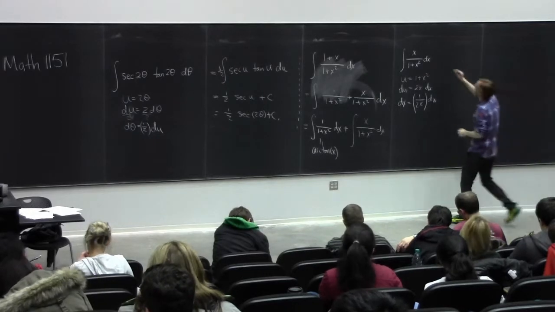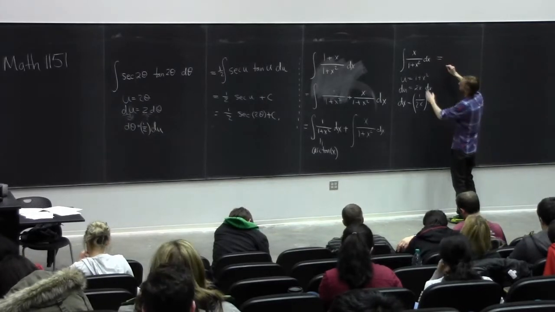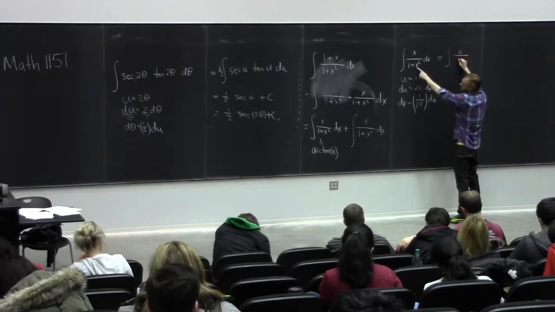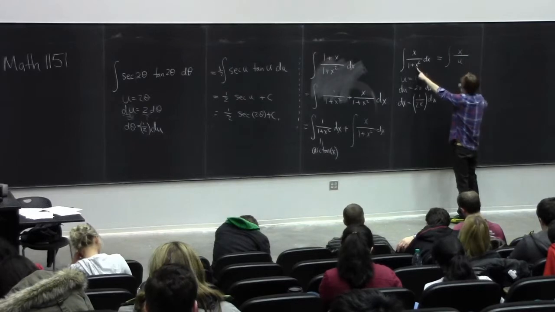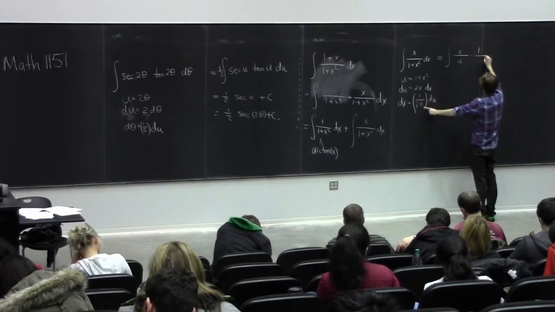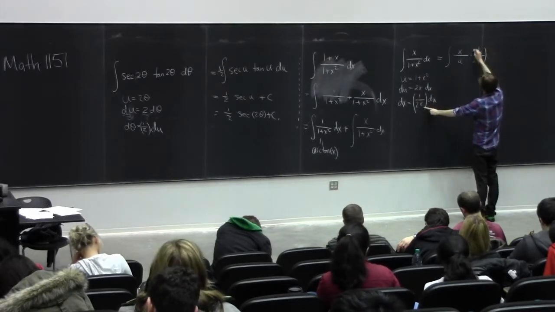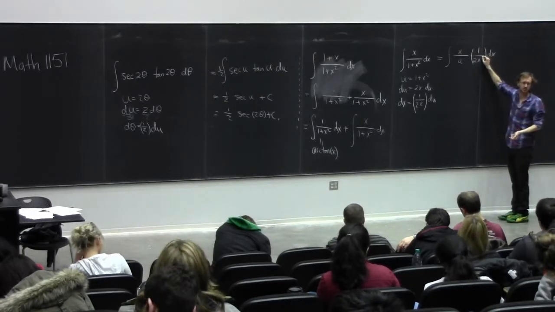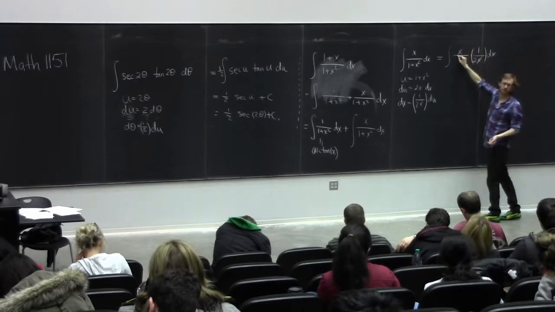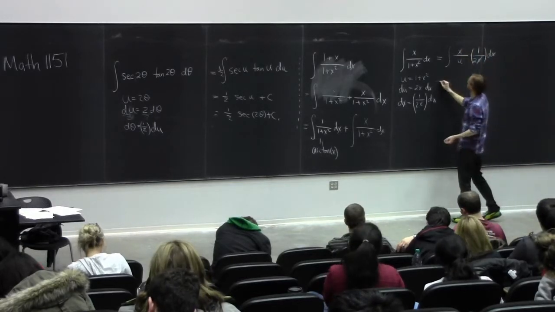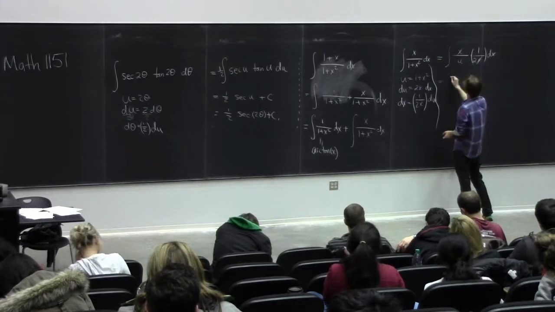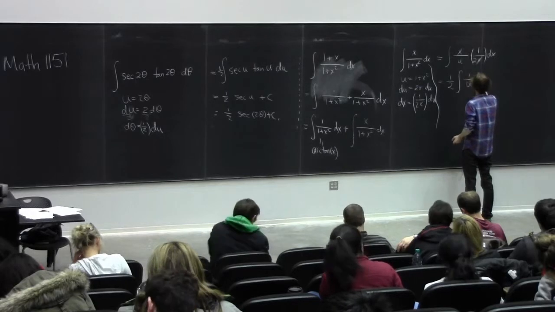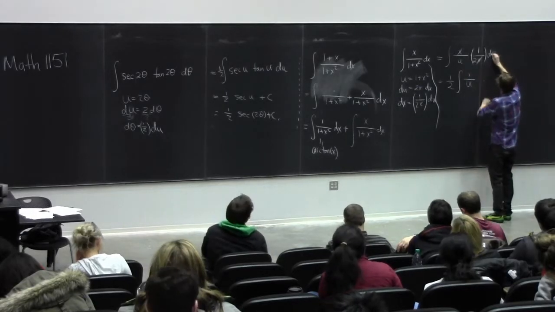So now, substituting in, well, we have the integral of x over u times 1 over 2x du. What happens to the x's? They cancel, right? So this is equal to 1/2 the antiderivative of 1 over u du.